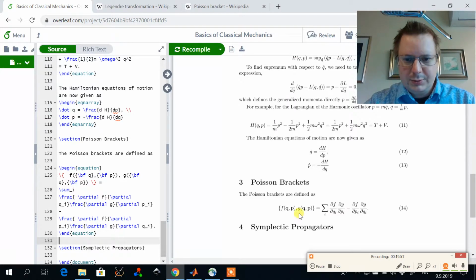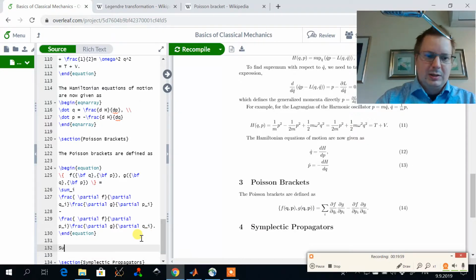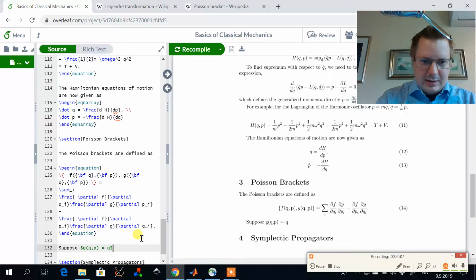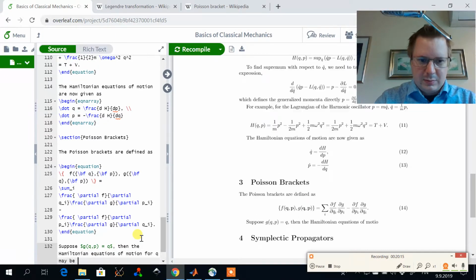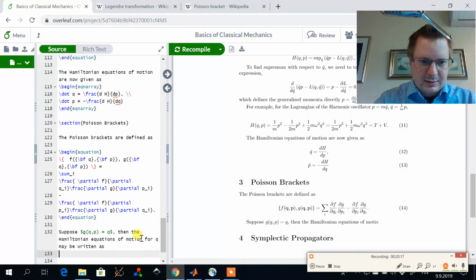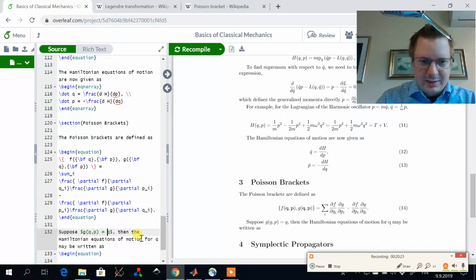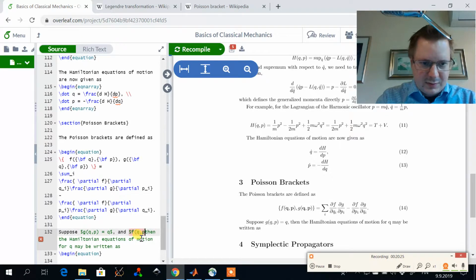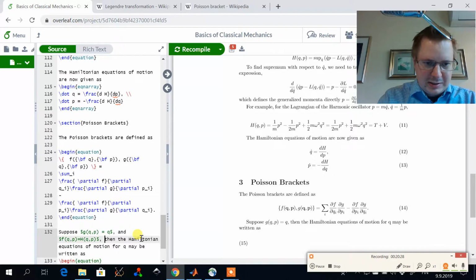So suppose that the function g just depends on q_i. So suppose g of q and p is just q. And then the Hamiltonian equation of motion for q can be written as follows, with f of q and p equal to the Hamiltonian of q and p.